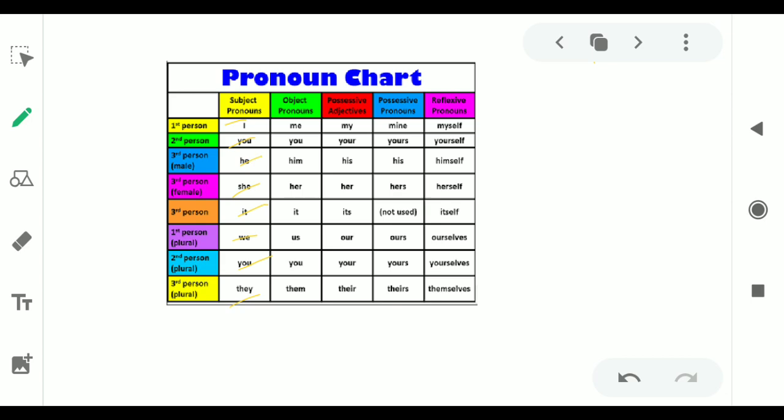In the objective case, me, you, him, her, it, us, you, and them are known as personal pronouns. In the possessive case, my, your, his, her, its, our, your, and their are known as possessive adjectives. Possessive pronouns are mine, yours, his, hers, ours, yours, and theirs.